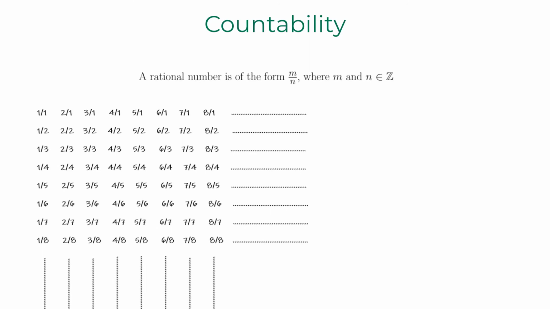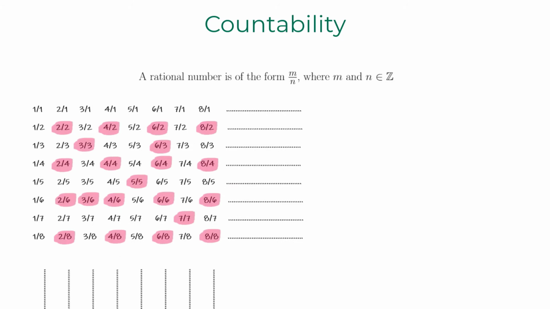A rational number is a fraction with numerator and denominator which are natural numbers. If you observe closely, there are a few duplicate numbers here. We can ignore them. Now let us start to identify unique rational numbers and do a correspondence with natural numbers.